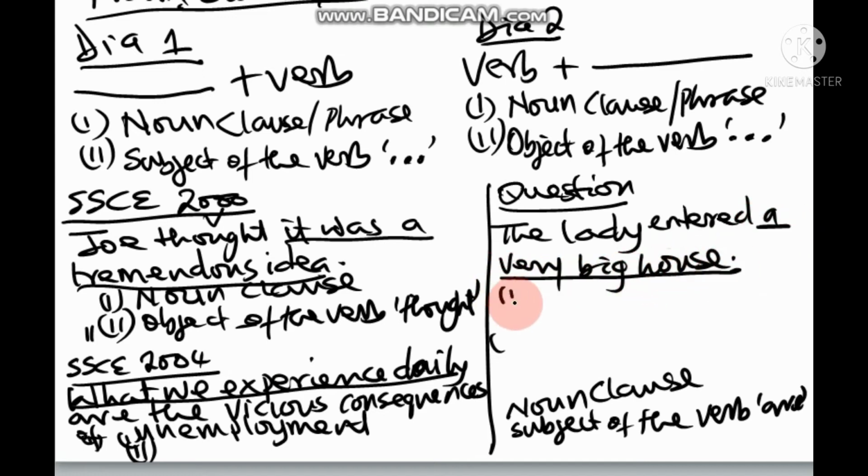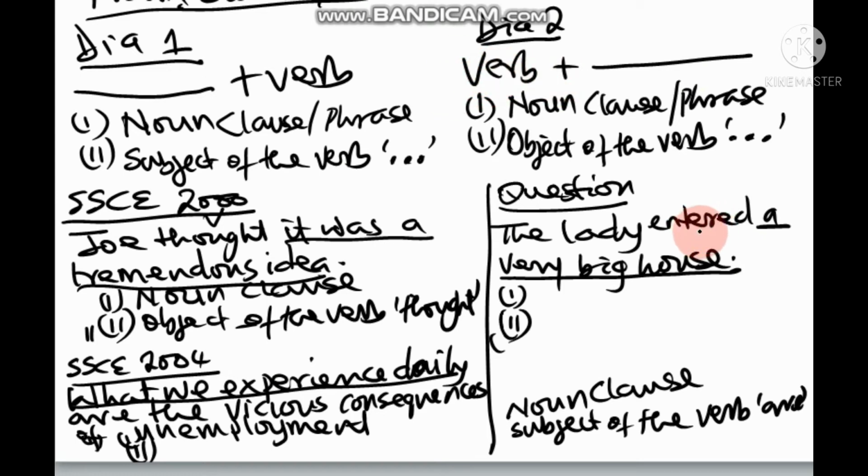And we are asked what is the grammatical name and what is the function. Now, does it agree with diagram number 1? The answer is no. Why? Diagram number 1 tells you that you must have an underlined word then a verb, and this does not have underlined word plus verb. But does it agree with diagram number 2? Yes. Diagram number 2 says verb, then underlined word.